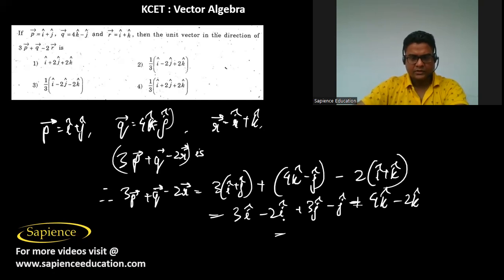And then here you can say that this is i cap plus 2 j cap plus 2 k cap.